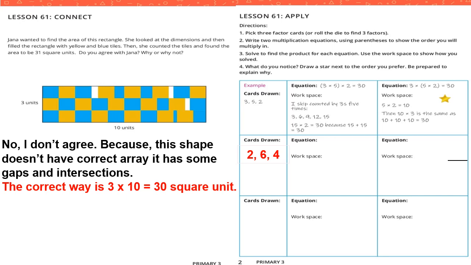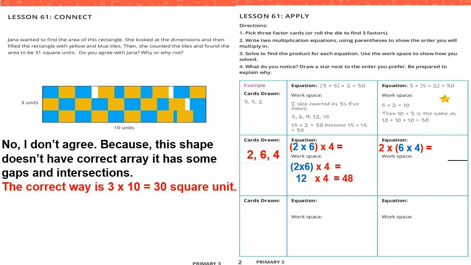We have 2, 6, and 4. How to apply the associative property? We have many ways. The first way will be 2 times 6 between 2 brackets, then we will multiply 4. The second way, we will take 6 and 4 between 2 brackets, then multiply 2. Okay?